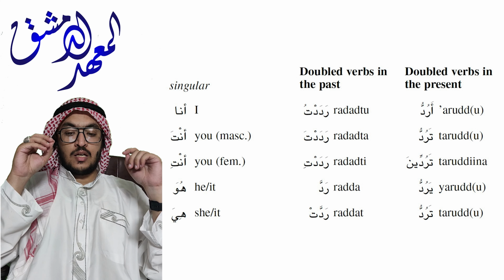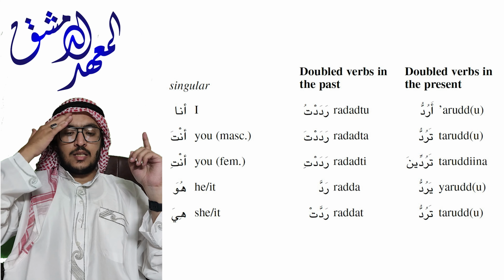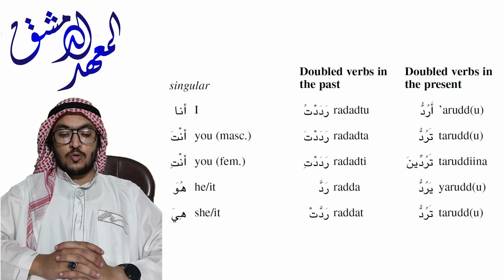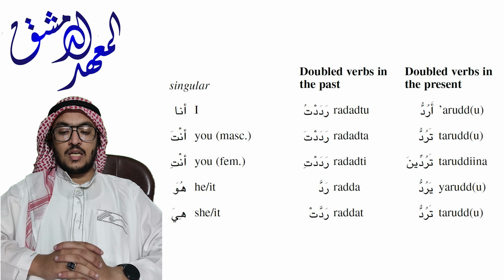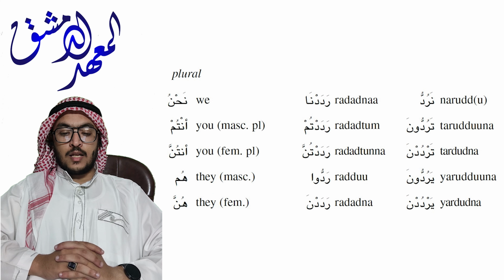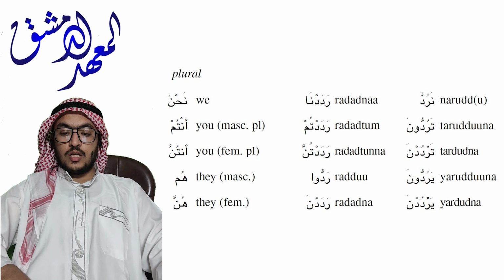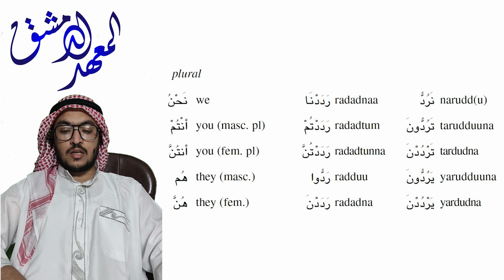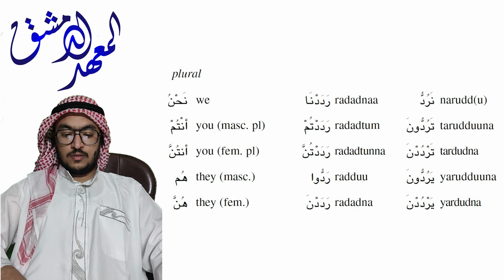Anta raddatta, anta taruddu, anti raddatti, anti taruddina, huwa radda, huwa yaruddu, hiya raddat, hiya taruddu, nahnu raddadna, nahnu naruddu, antum raddattum, antum tarudduna, antunna raddattunna, antunna taruddna, hum raddu, hum yarudduna, hunna raddadna, hunna yarudduna.